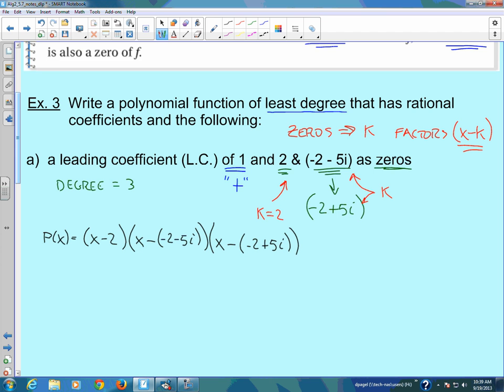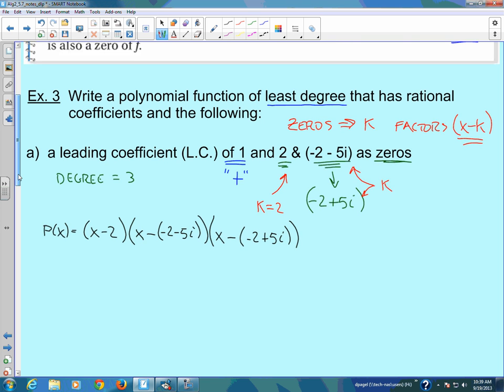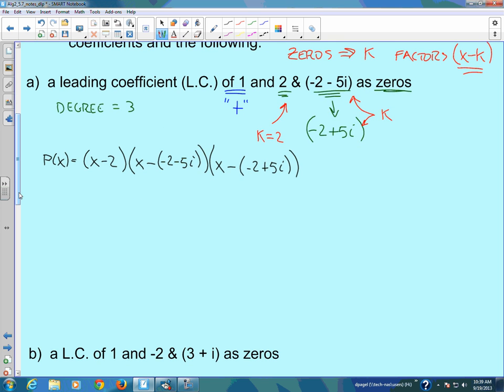And if I were to leave it in factored form, then we could stop right here. But we're not going to leave it in factored form. We're going to expand this thing out. So here's what we do with the complex guys. You'll notice that both of the imaginaries end up with minus a negative.